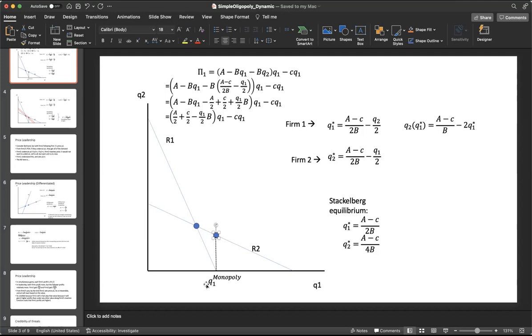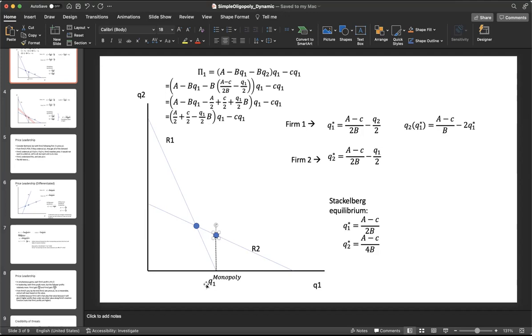May differences between the Cournot first action or first mover or leadership, which is Stackelberg, and the Bertrand differentiated leadership, which we just discussed. Kung ano ang mangyayari sa follower vis-a-vis the two situations, and ano yung mangyayari sa leader.